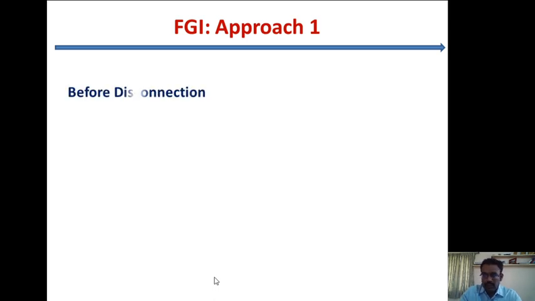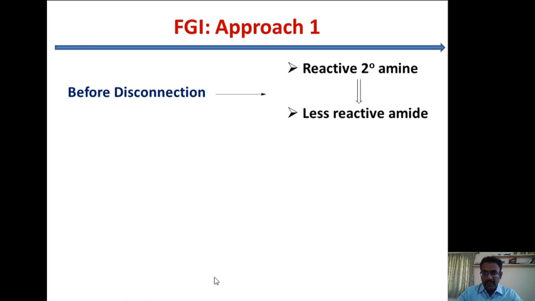So how do we use this functional group interconversion to solve this problem? Approach 1: we have to do this before disconnection, because once you do the disconnection, the more reactive problem is there, a chemoselectivity problem. So you first convert the more reactive secondary amine into the less reactive amide.